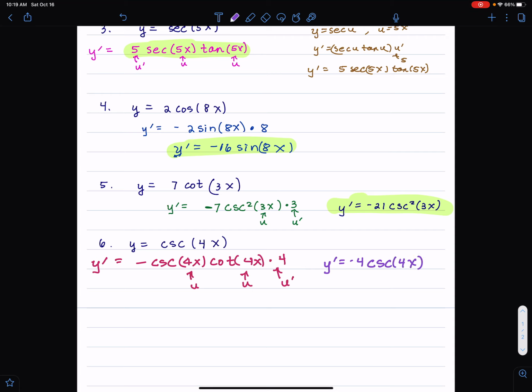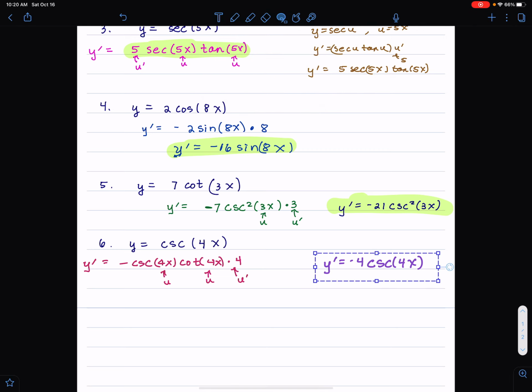It's looking good, except I don't necessarily have enough space. Okay, let's move that over. Then cotangent 4x. That's our answer. Make sure the negative's clear.